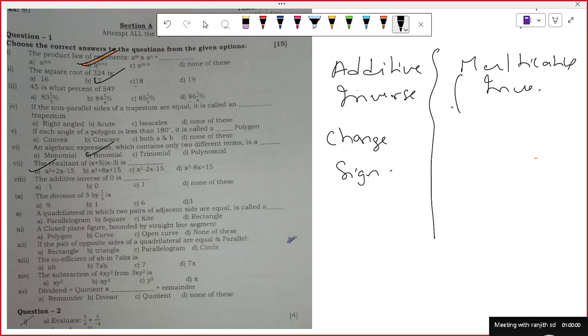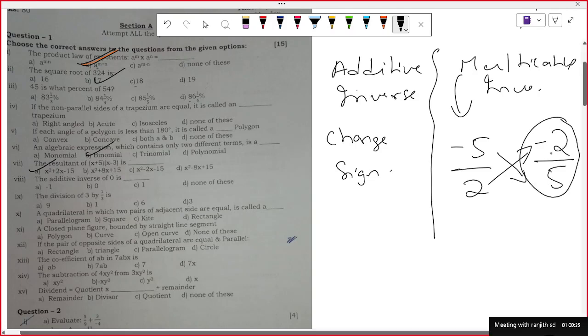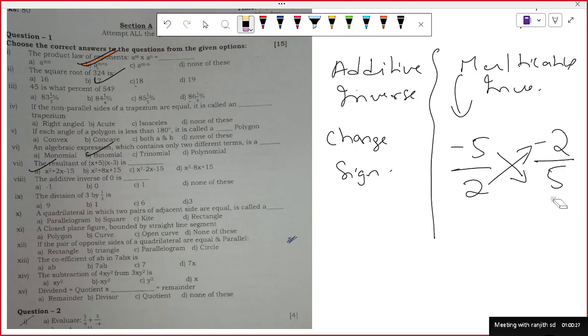For multiplicative inverse, we reciprocate. So if it is minus 5 by 2, what's the multiplicative inverse? Remember this trick: 5 goes down, minus as it is in the numerator, 2 goes top. This is the multiplicative inverse.